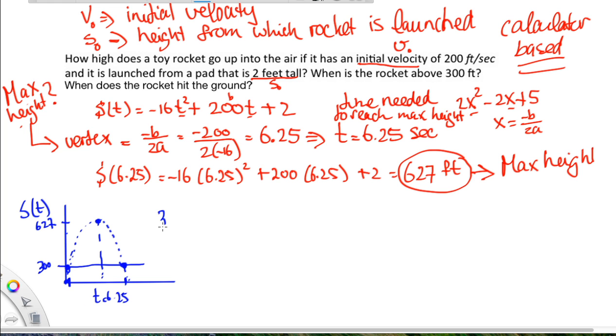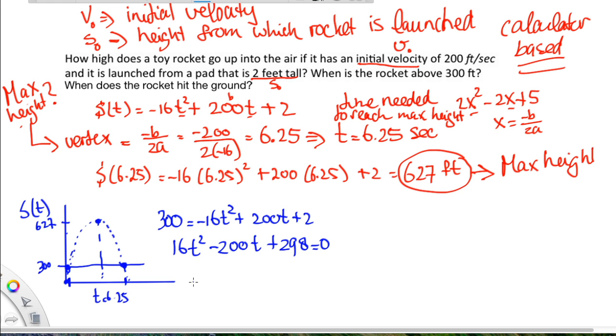You can say 300 is equal to negative 16t squared plus 200t plus 2. That should give me the 2 times that this rocket is exactly at 300 feet. I'm going to move the 16t squared to the left, move the 200t over here, and you get 300 minus 2, which is plus 298, equals 0.